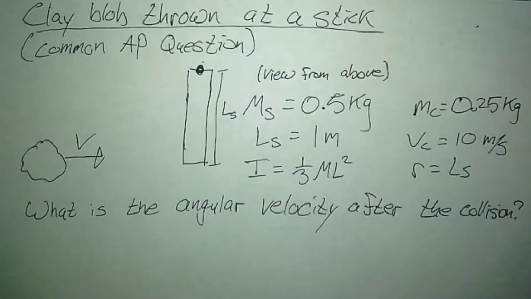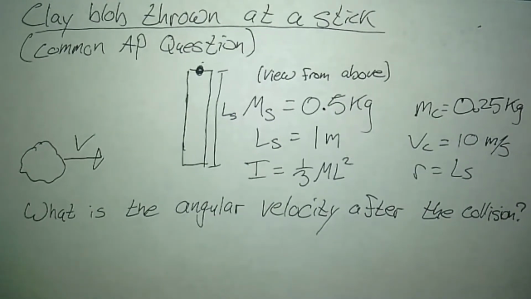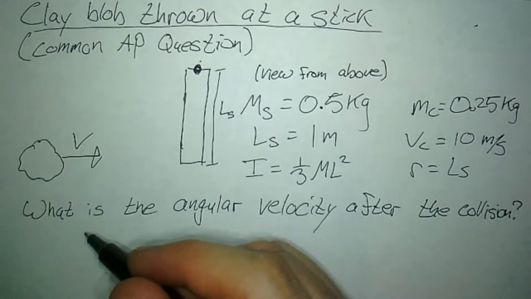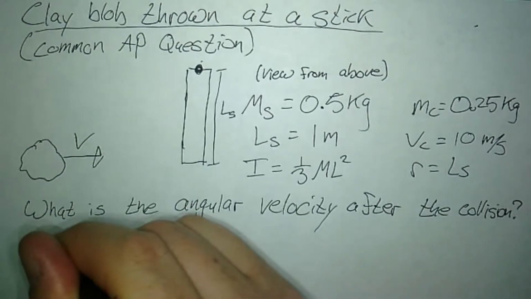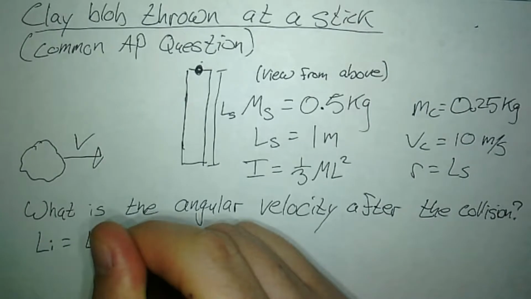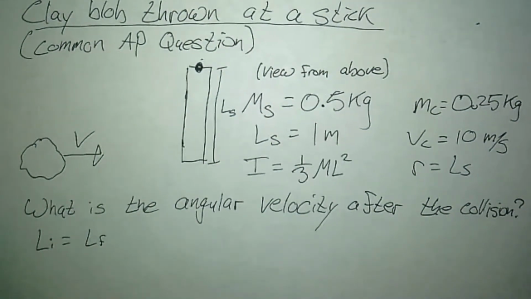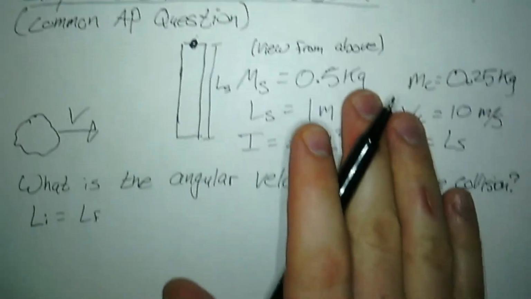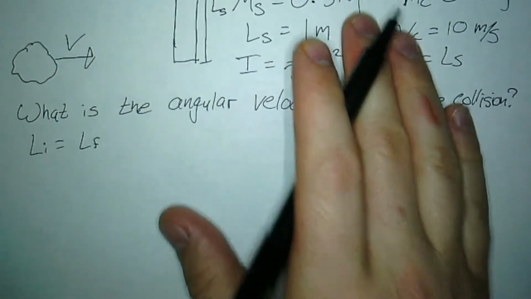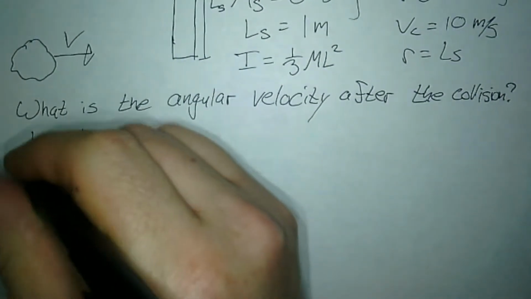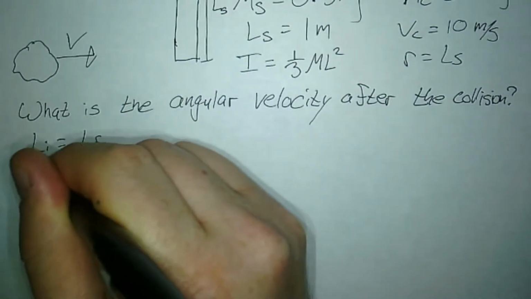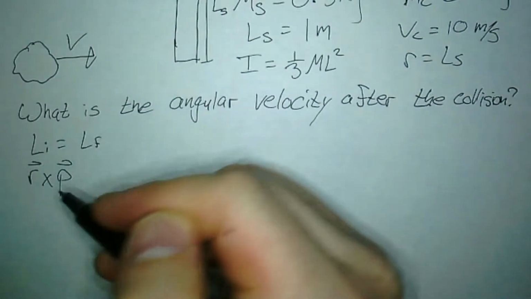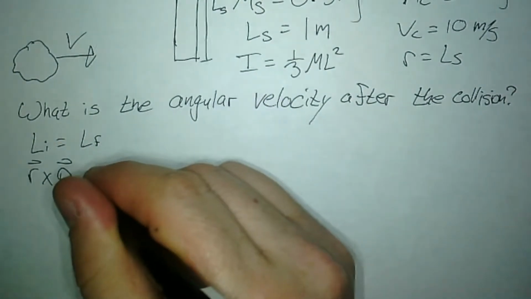Looking at this, I'm going to start the same way I do every other angular momentum problem, and every other momentum problem really. I'm going to say that my initial momentum is equal to my final momentum. So what is the initial? Well, the initial is r cross p, because this guy is moving in a straight line, so I'm using this for angular momentum.